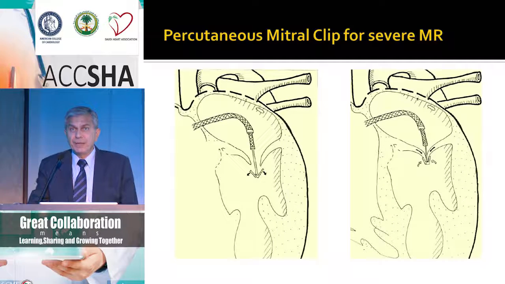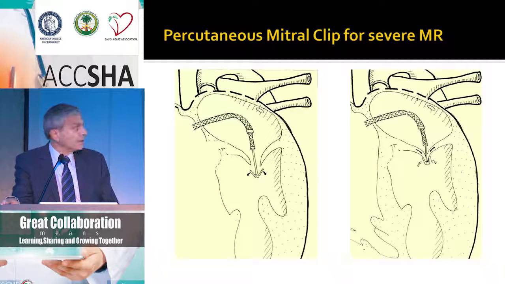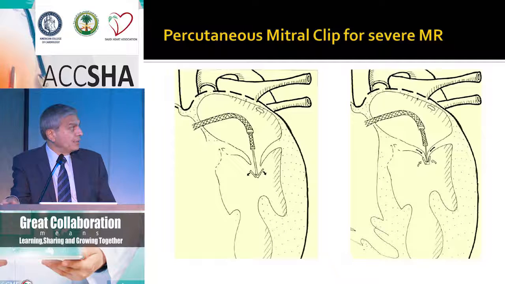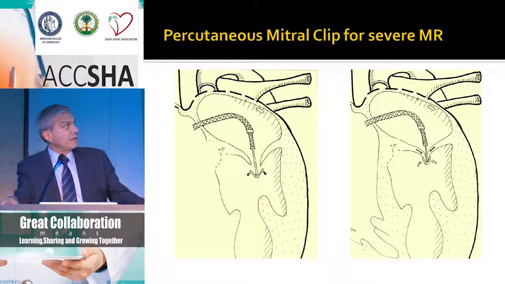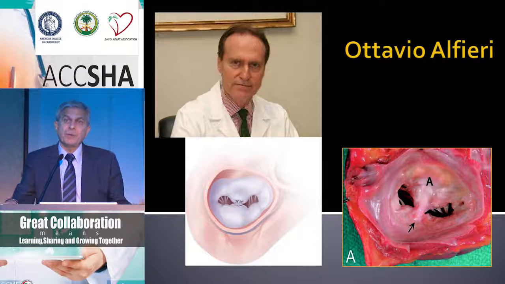Now, you've heard today about the clip several times during this day, so I'm not going to elaborate much on the technique, how you clip the two leaflets together, but the concept came from Ottavio Alfieri, who thought of the following problem.